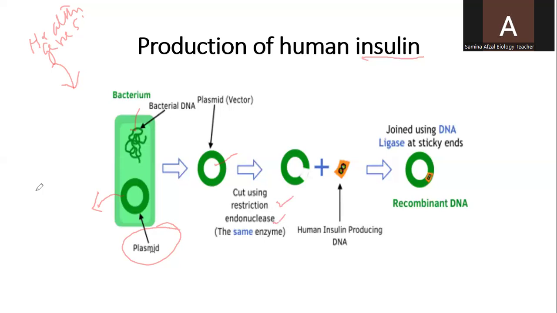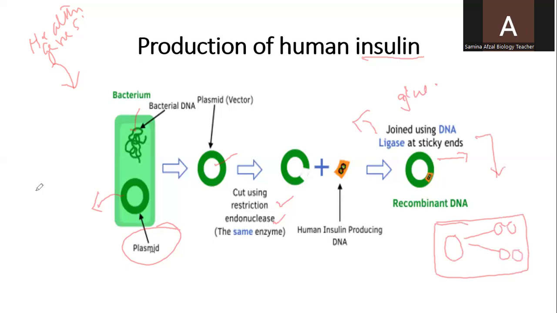After inserting into the plasmid, they can be joined using DNA ligase. This is also an enzyme which will act as a glue. So this recombinant DNA will now be inserted again into the bacterium, where it will multiply, and there will be the production of more bacteria with this recombinant DNA. Now they can be transferred into the fermenters to produce the insulin on a large scale.